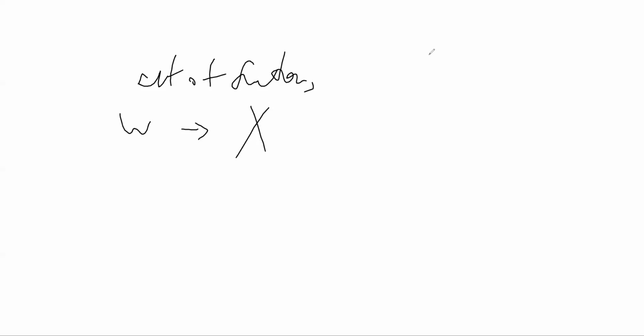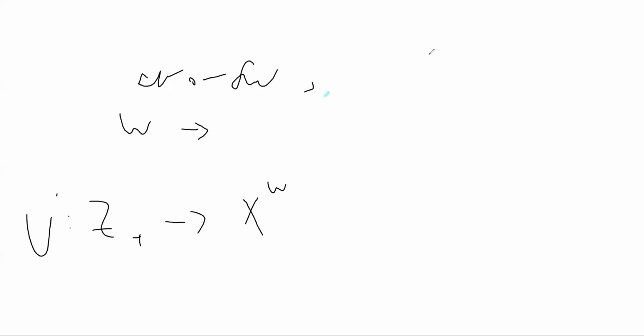Okay, so coming back to exercise 1, does anybody have ideas of how to find an injective map J from Z plus into X^Ω?